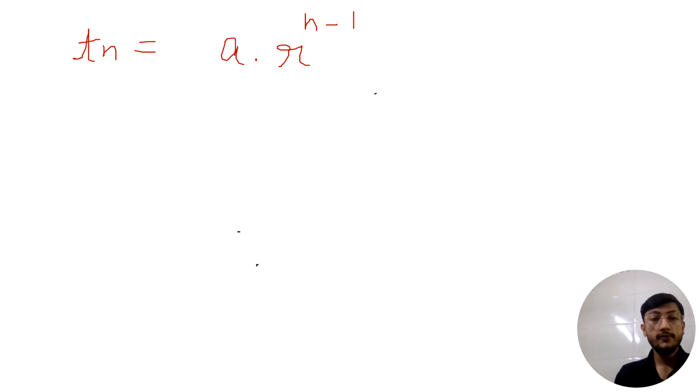Firstly, you have to add all the GP terms. For example, Sn is basically the sum of all the GP terms. The first term was A and the next term was AR. I just write a plus sign between every term because the main point is to calculate the sum.